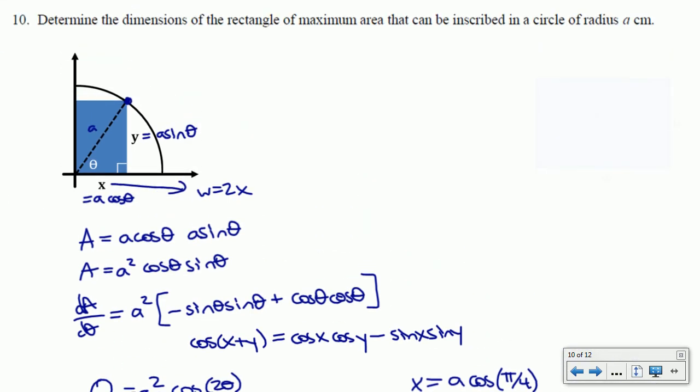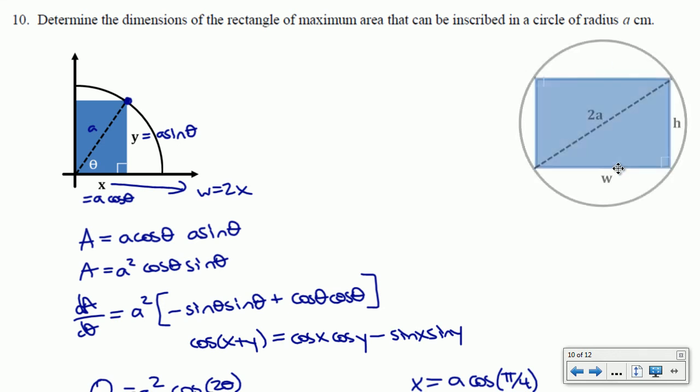I'll just show you briefly another way to do it. So if you do the full circle, you have the rectangle inscribed here, described by width and height. This full diagonal will be 2a for any w and h that you pick, because h and w are constrained to the circle. Notice this is a right angle triangle, and the width and the height are related to 2a by Pythagoras' theorem.